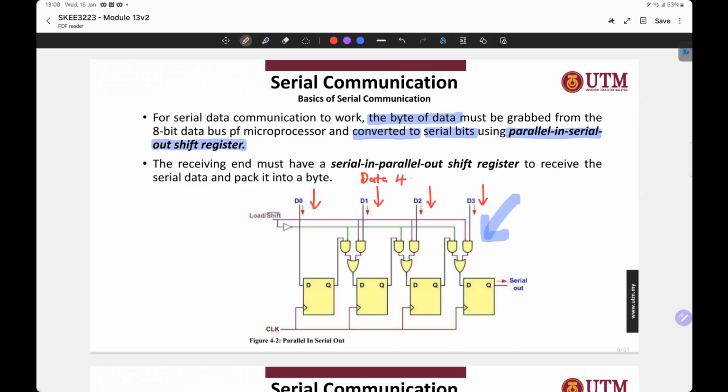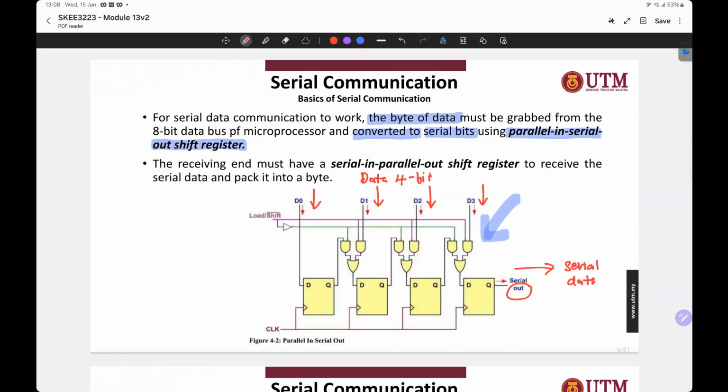This 4-bit data goes into the register in parallel, and then on the output side, it is converted to serial data. You have parallel data going into the register, and from the register it goes out as serial data.